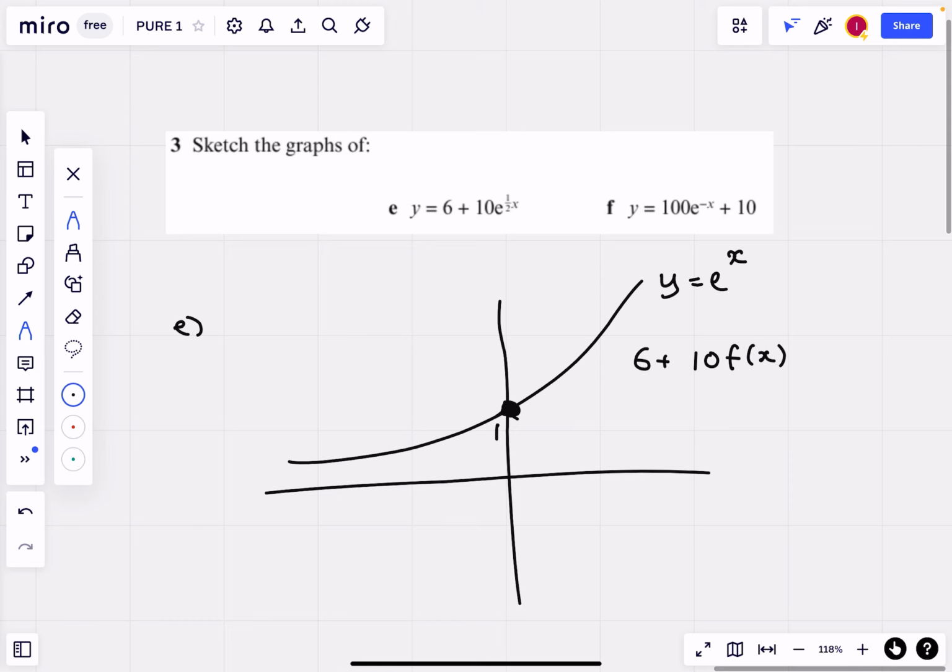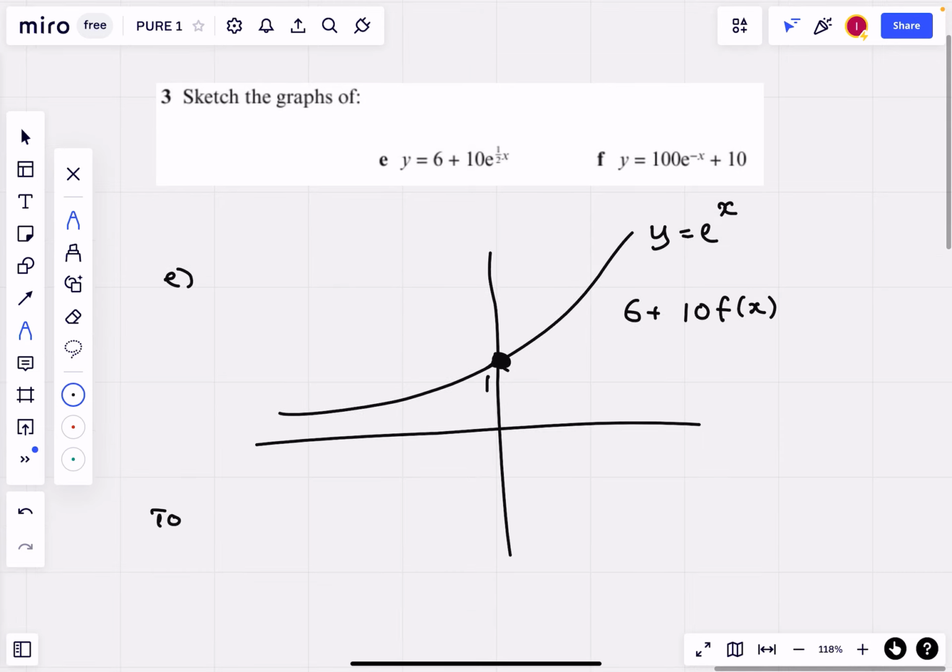So if my y value is 1, times by 10 gives me 10, add 6 gives me 16.